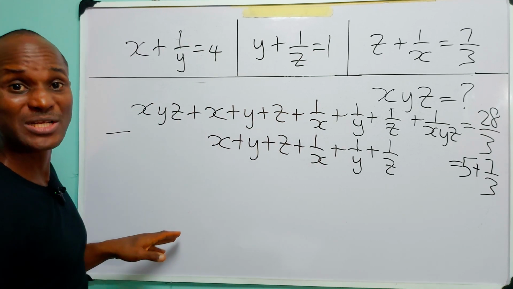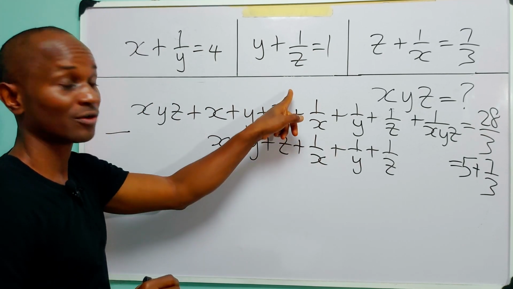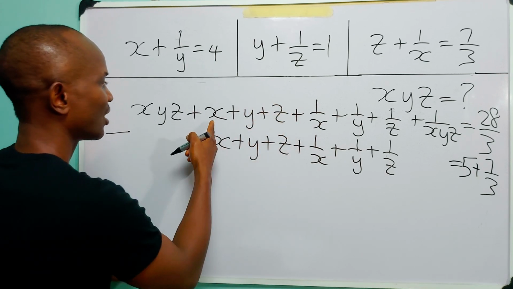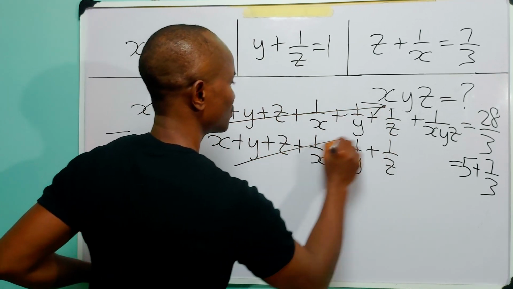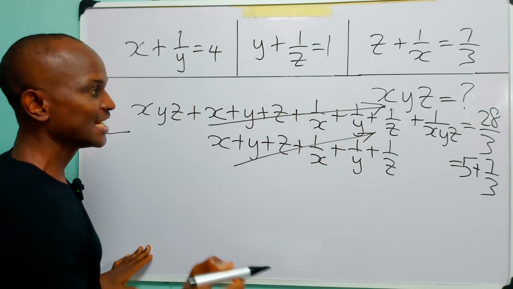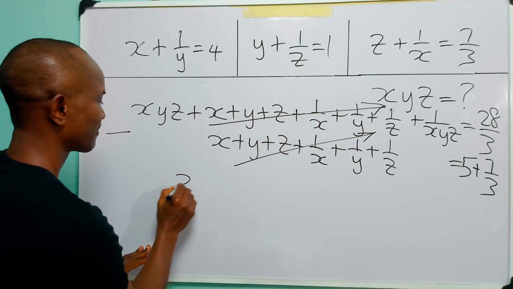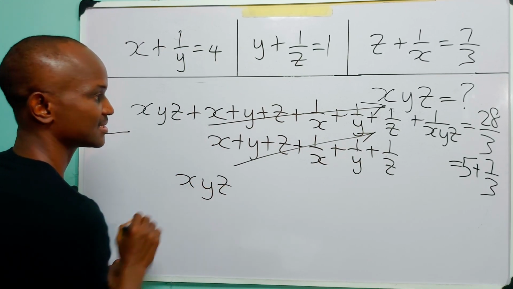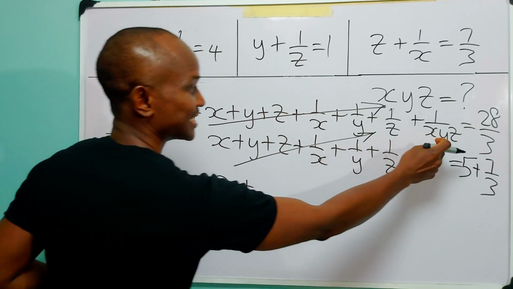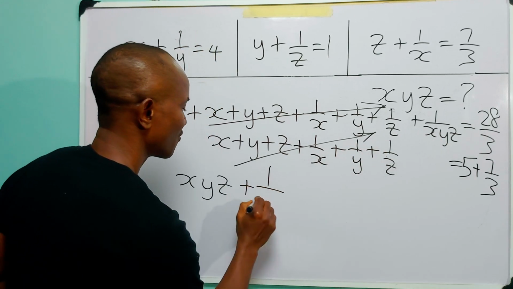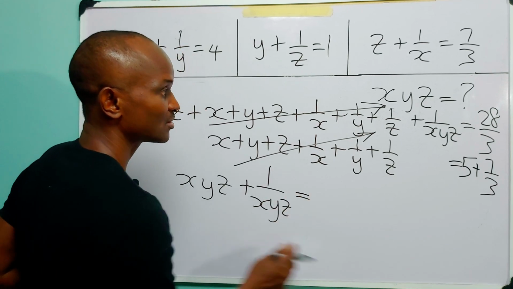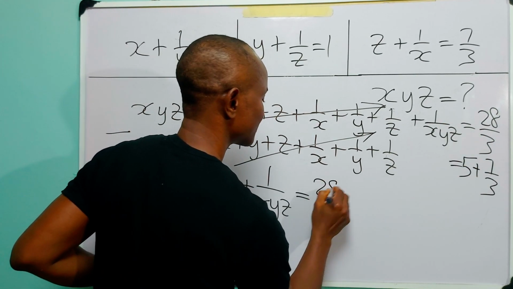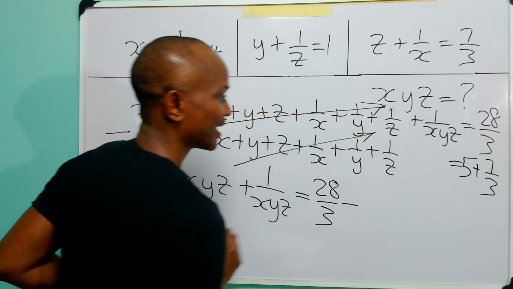Now, you can see that when we subtract the second equation from the first equation, all these terms will go to 0, leaving us with this xyz plus this 1 over xyz is equal to 28 over 3 minus 5 plus 7 over 3.